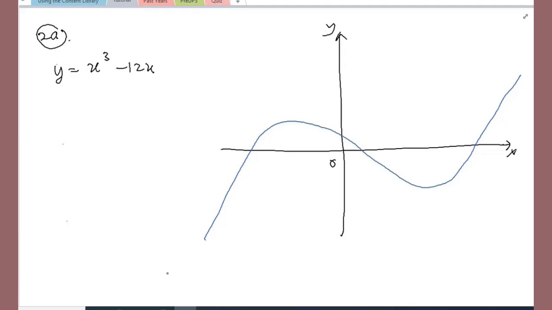Likewise, we cannot get the exact value for the maximum because it goes to infinity. So what we can do is check this region and this area. In this region, this is the maximum.